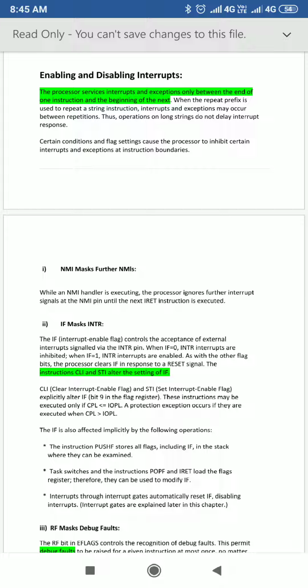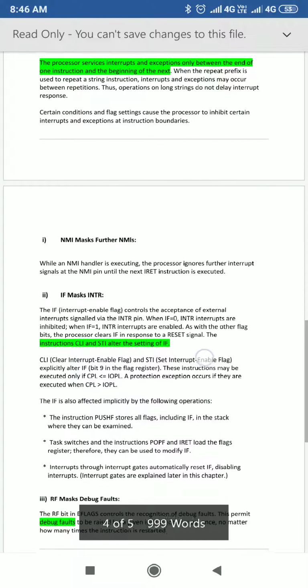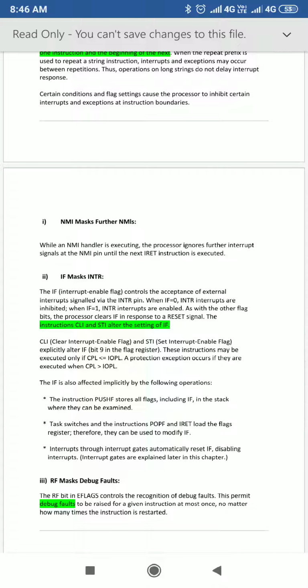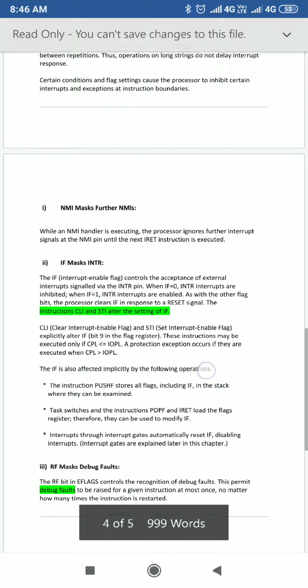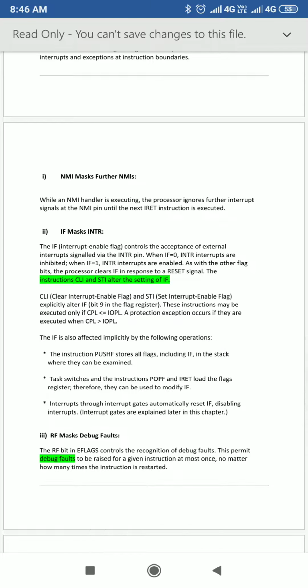Now for that we have two instructions, STI and CLI, meaning set flag and clear flag instructions. These instructions can be executed only if your CPL is less than or equal to IOPL, means current privilege level is less than or equal to IOPL.